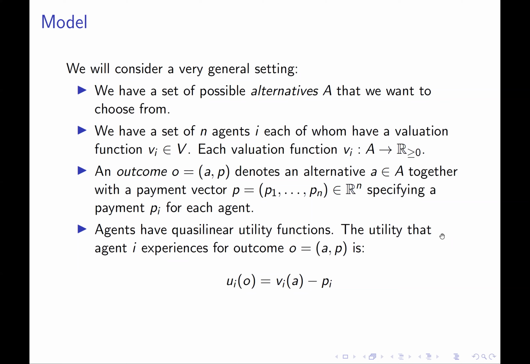An alternative could be, for example, a policy that Penn adopts that has implications for everybody. Maybe one alternative is that all classes are pass-fail this semester. Another alternative is that pass-fail is optional. Another alternative is that grading goes on as usual. Another alternative is that we start grading more harshly. And different people might have different valuations for these alternatives.